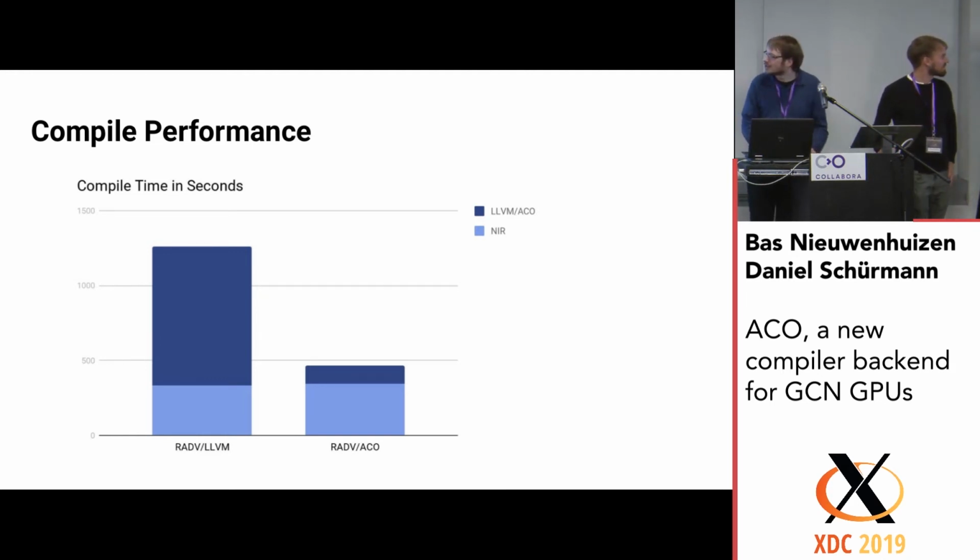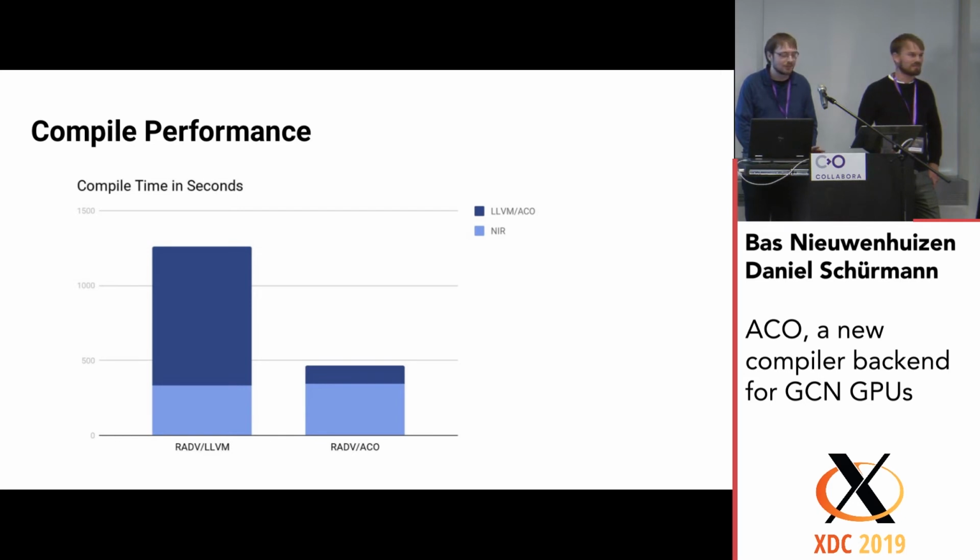Remember that NIR is our middle end, and in the NIR results there is some SPIR-V parsing, etc. If we look at our set of stored shaders that we run through a compiler runner, the overall compile time is 3 times faster, but the backend compile time is 7.5 times faster than what we had with LLVM. And the feedback we got from users when Valve sent out the request for testing was that they showed us some benchmark numbers, but one of the very common comments there was that people experienced way less stutter in those games, and that they really liked that. And I think that is one of the big game changers of this backend.